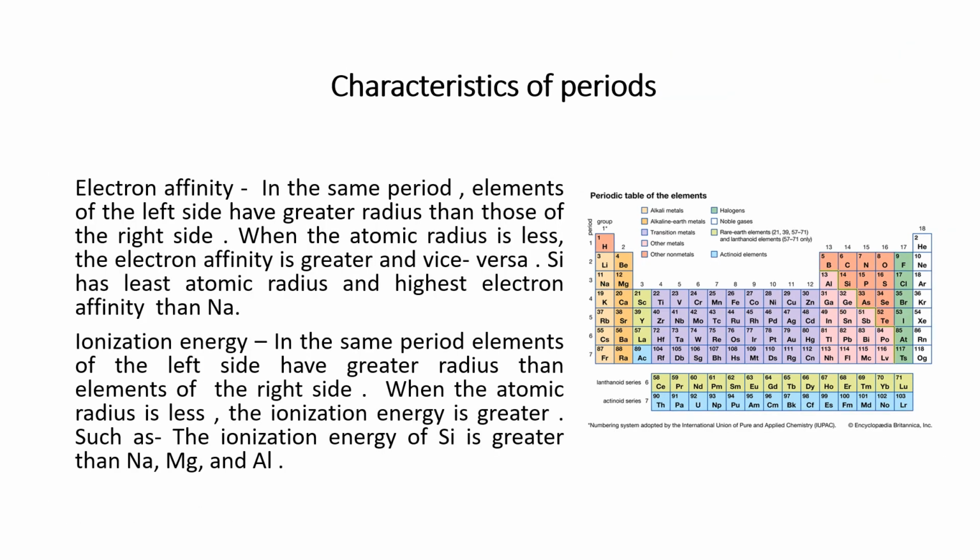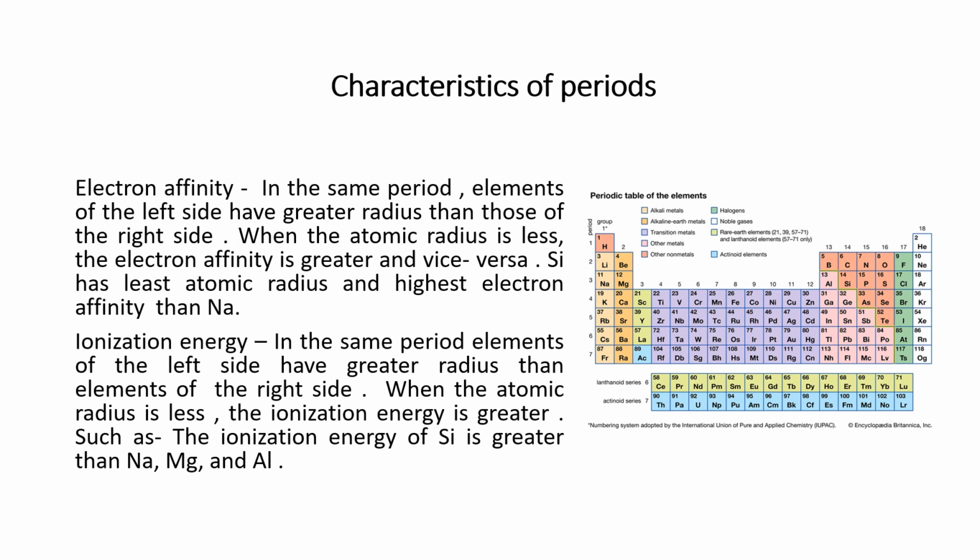Electron affinity. In the same period, the elements on the left side have a greater radius than those on the right side. When the atomic radius is less, the electron affinity is greater, and vice versa. Silicon has the least atomic radius and highest electron affinity compared to sodium.